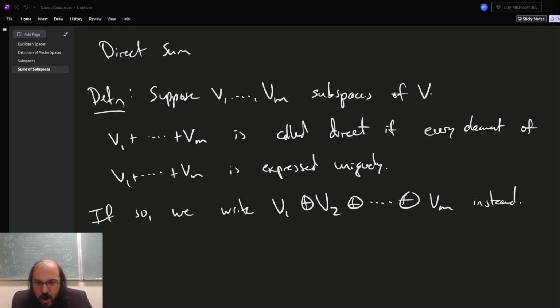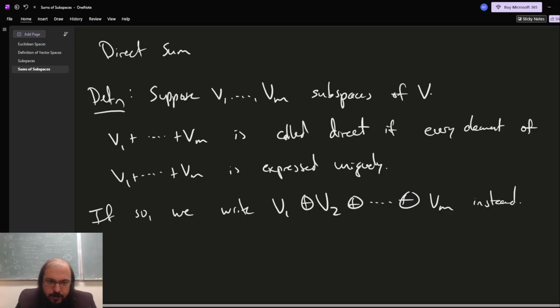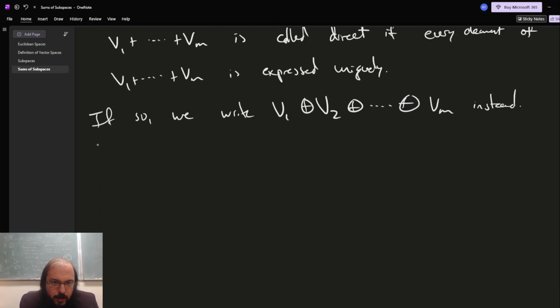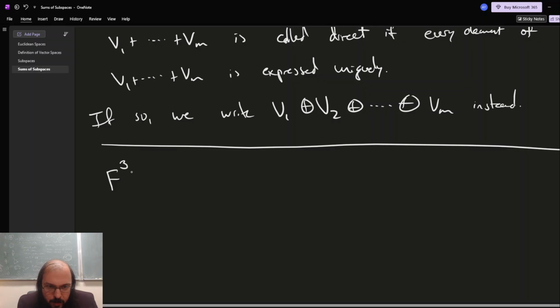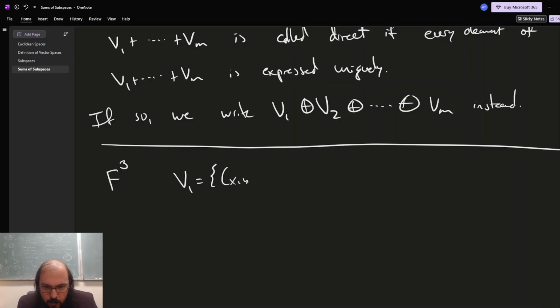But we could see sums that are not direct. And let's try to understand an example to see why this might be a little bit painful. So let's consider in F3, let's set V1 to be the sort of XY plane, if you will, third component 0.